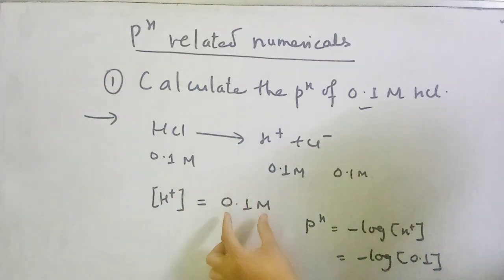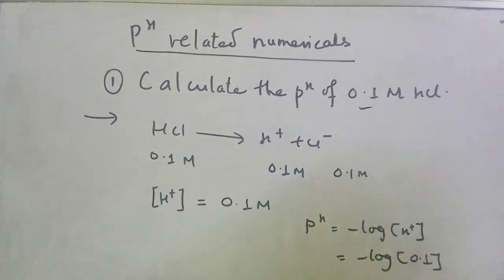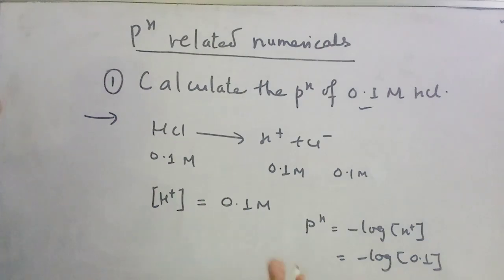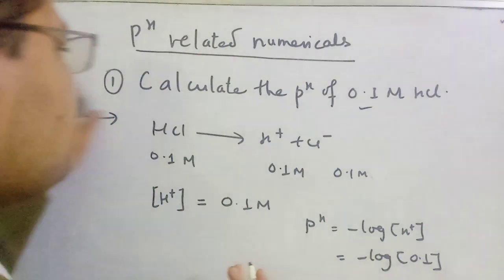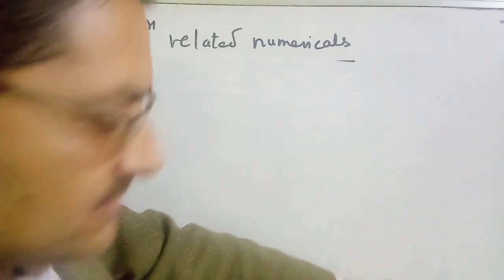And this 0.1 molar value you can easily put in the H plus value here. So the formula of pH is equal to minus log H plus ion, and you can put the value of H plus as 0.1, and you can calculate the pH of this solution. So this is the very first and very simple problem of how to calculate pH of 0.1 molar HCl. This is the first problem that I have discussed.